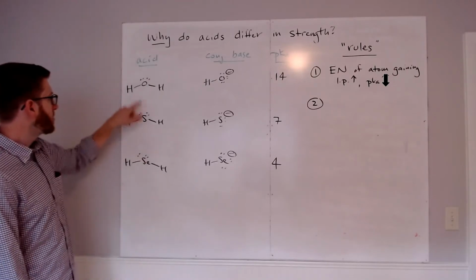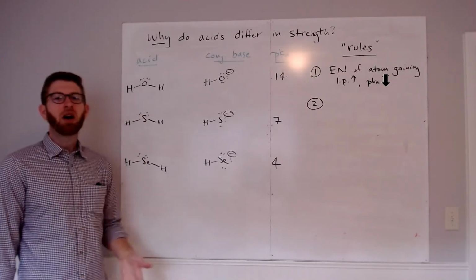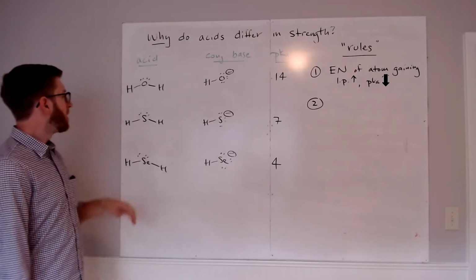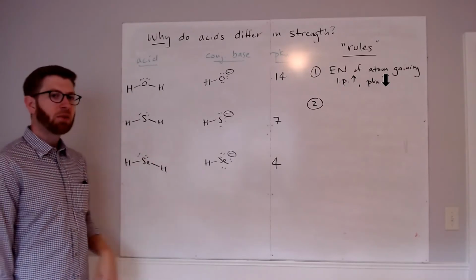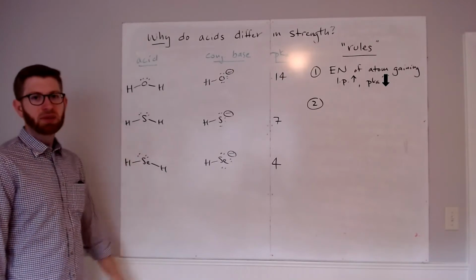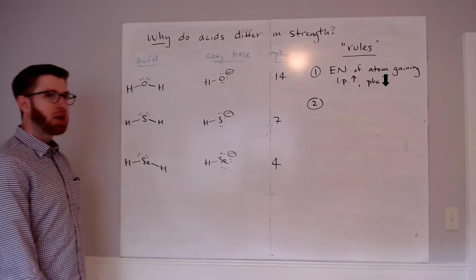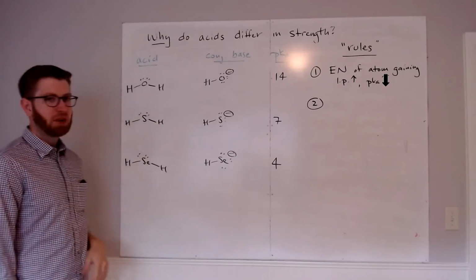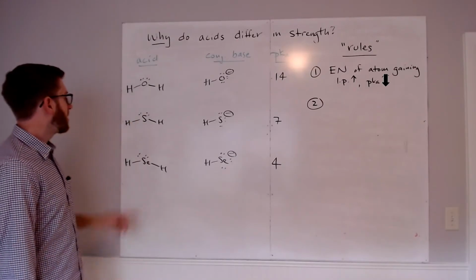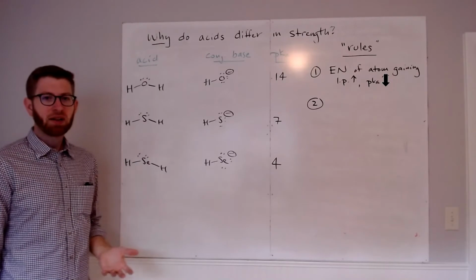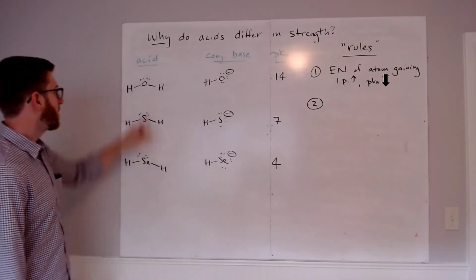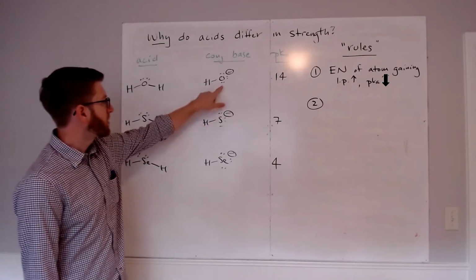So we know that oxygen, sulfur, and selenium are all in the same column of the periodic table. And oxygen's at the top of the column, and then sulfur is one step down from oxygen, and selenium is one step down from sulfur. So what we know is that oxygen is the most electronegative of our three non-hydrogen atoms, and selenium is the least electronegative. So if I actually look at what's happening on my conjugate bases, oxygen, sulfur, and selenium, those are the ones that are gaining a lone pair.